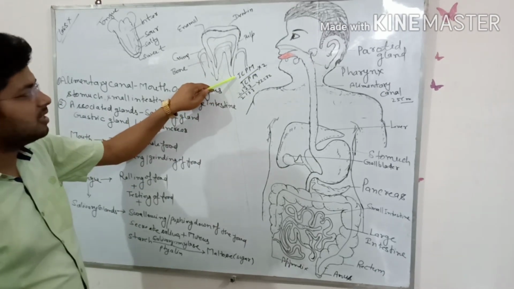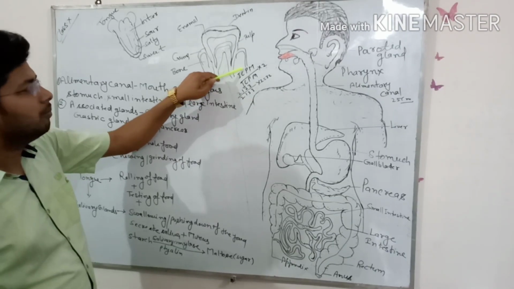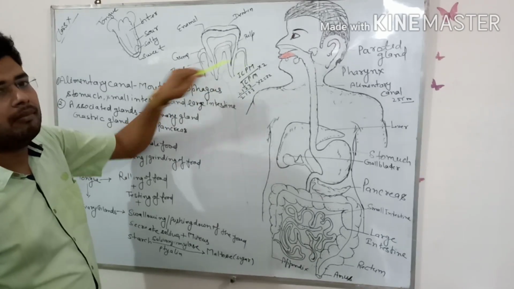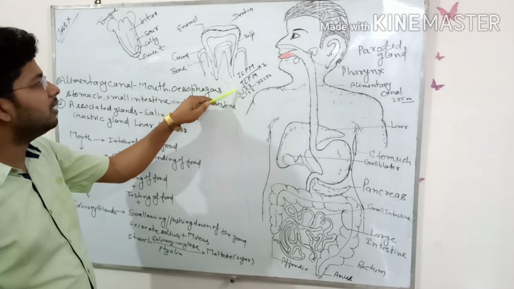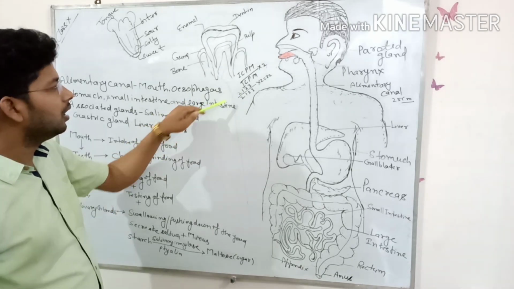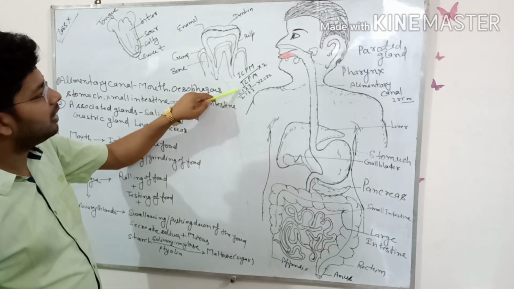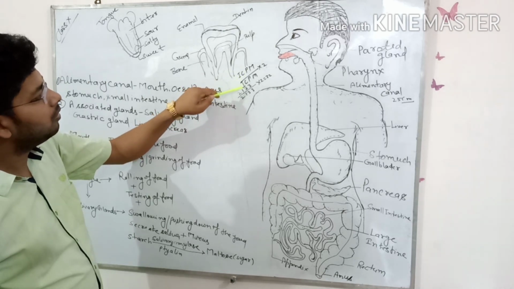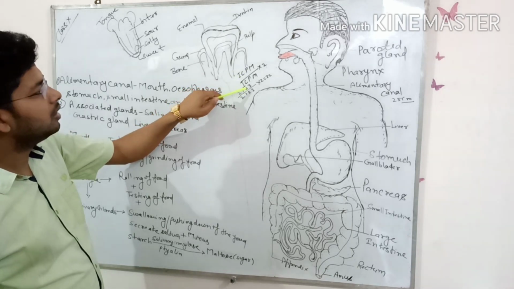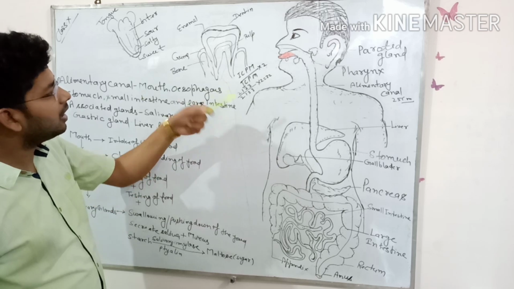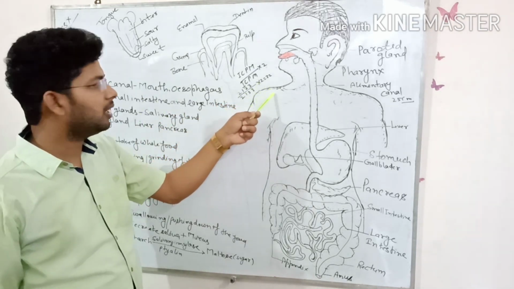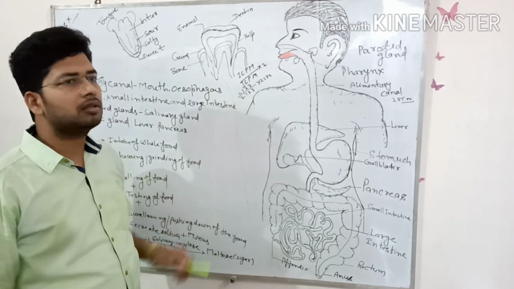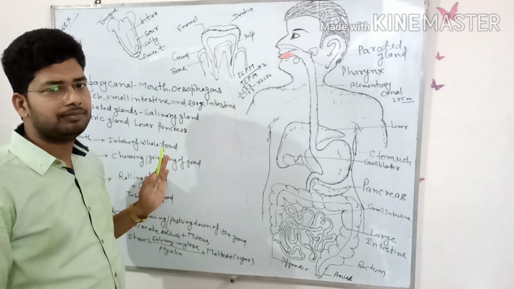I is incisor, C canines, P premolars, M molars. In a human being, 2 incisors, 1 canine, 2 premolars, 3 molars, and the same on the other side, then multiplied by 2 equals 32 teeth in each jaw.